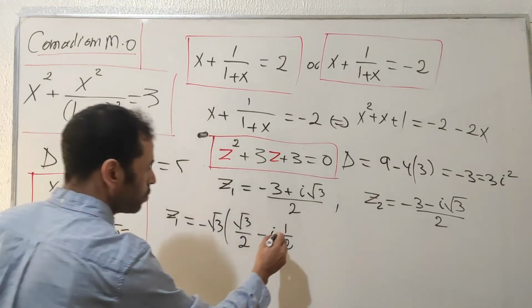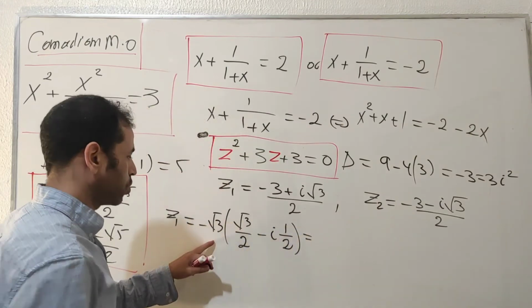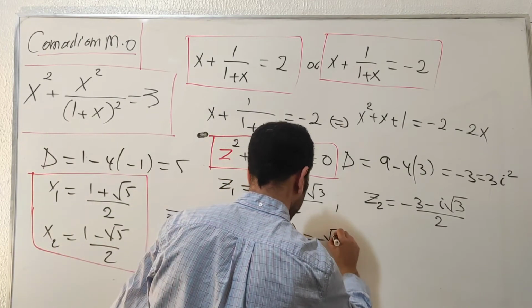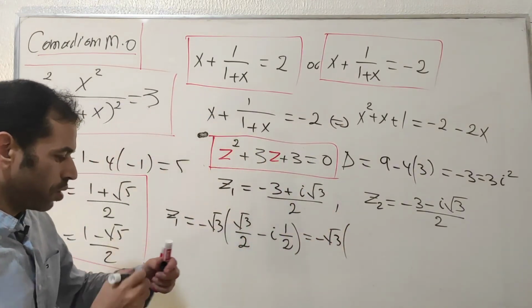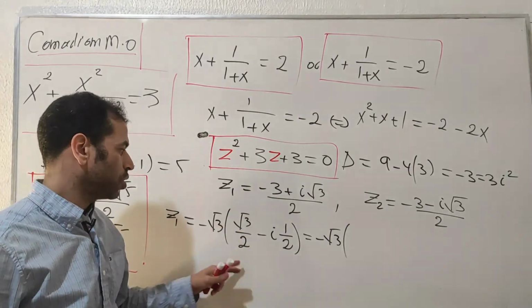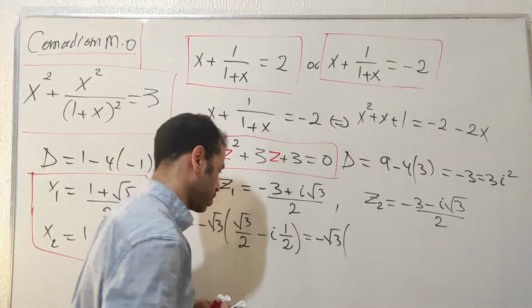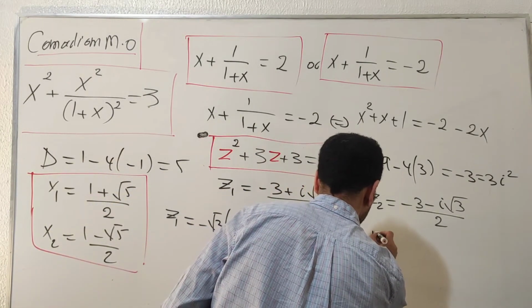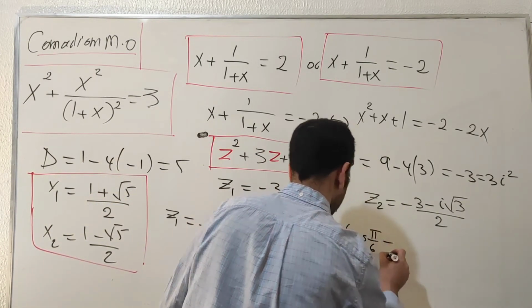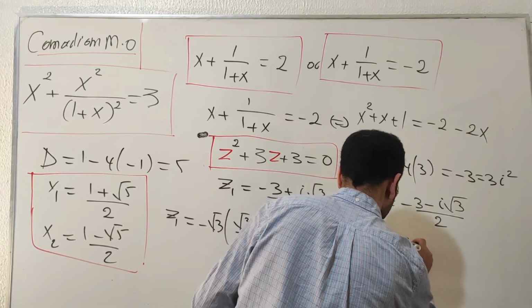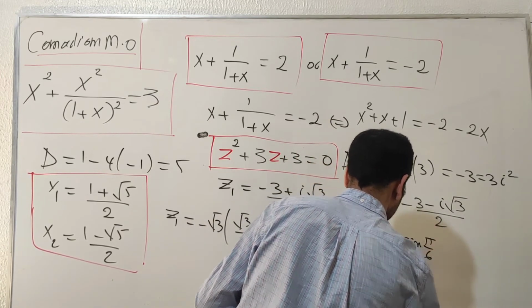Okay, it's clearly this one is going to give us minus square root of 3. Replacing square root of 3 over 2, which is cosine of pi over 6, I get cosine of pi over 6 minus i sine of pi over 6.